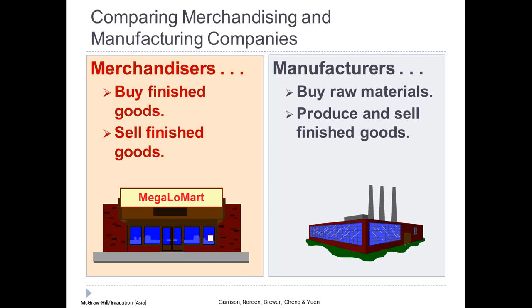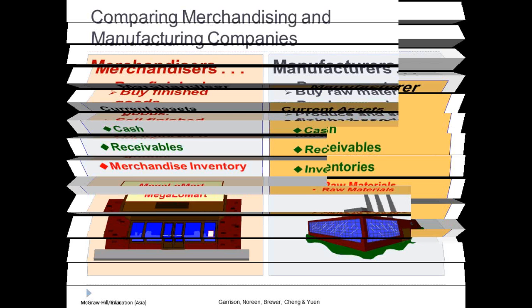Merchandising companies purchase finished goods from suppliers for resale to customers. Manufacturing companies purchase raw materials from suppliers and produce and sell finished goods to customers. Now, let's consider similarities and differences on the balance sheet for merchandising and manufacturing companies.